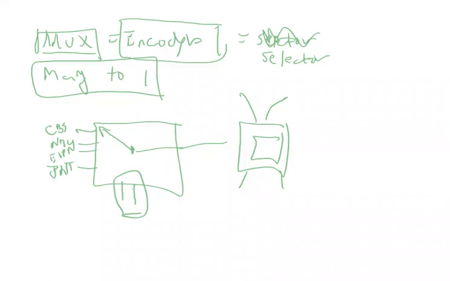So let's think about the dual of the multiplexer. If you have an encoder, the dual must be the decoder. So the decoder, what does that do? The decoder takes one input and makes many outputs, right?